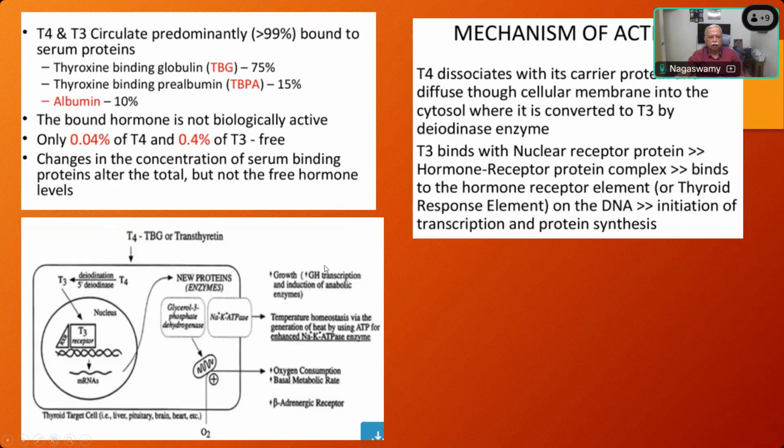These are important 4 actions of your thyroid hormone: growth, temperature, oxygen consumption, and BMR, beta adrenergic receptor activity. That is why, because of the beta adrenergic receptor activity only, in thyrotoxicosis or hyperthyroidism, you get increased tachycardia and all the beta adrenergic manifestations because of this particular action of the thyroid hormone.